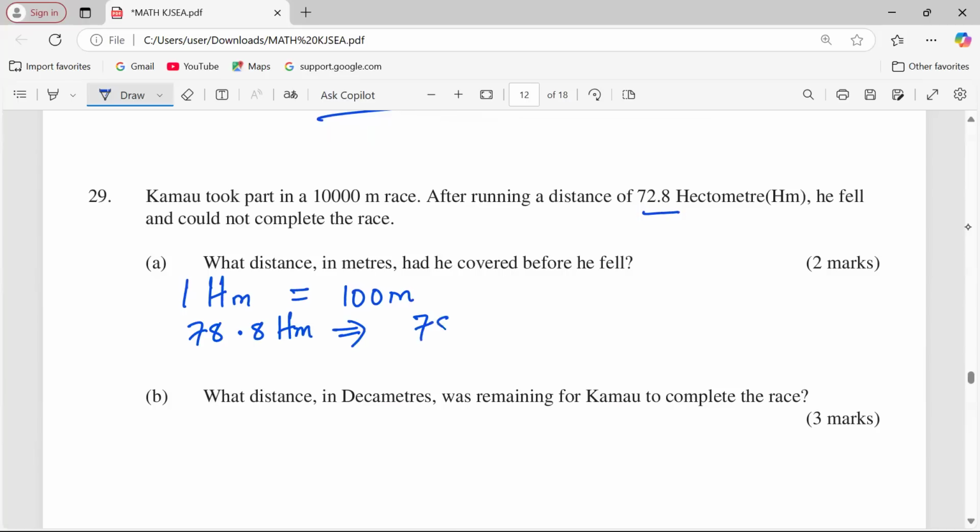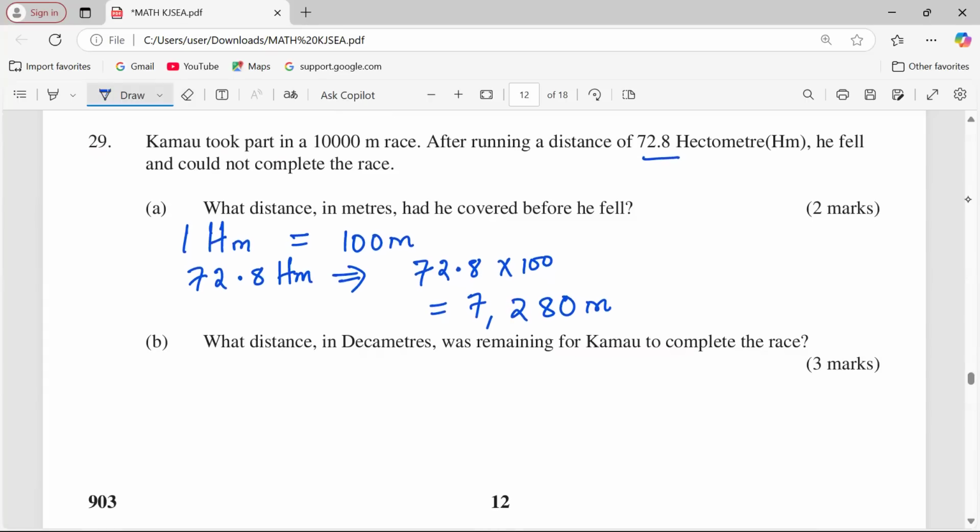It will be 72.8 by 100/1. So when we multiply 72.8 by 100, we are getting 7280 meters. Yeah, that is what Kamau had covered.